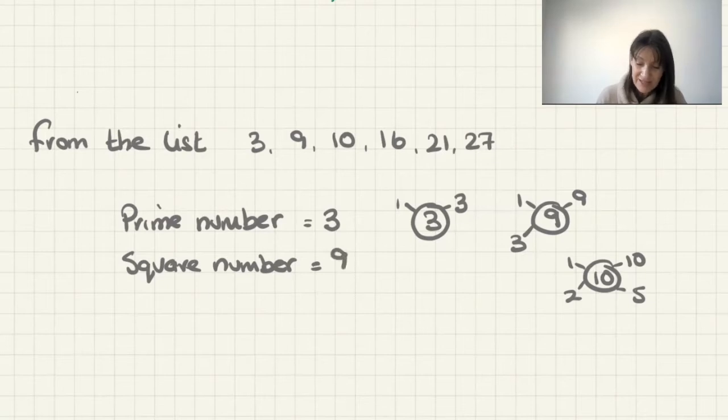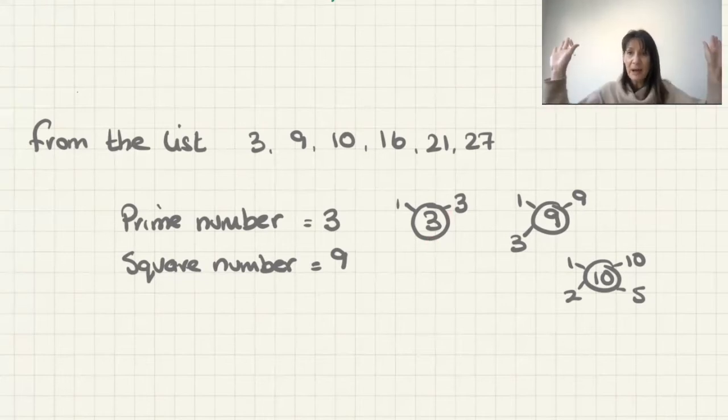And I actually really like the factor bugs. That's what I call them because they look like little bodies with legs sticking out. The factor bugs can help you identify a square number as well. So if you've only got 2 arms or 2 legs, I call those arms. I'm like, hands up, I'm prime. If you've only got 2 arms, you are a prime number. If you've got 3, because this 3 here was 3 times 3, I'm not going to write the 3 twice.